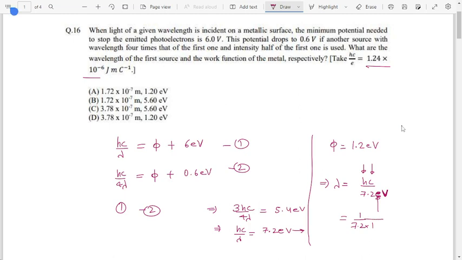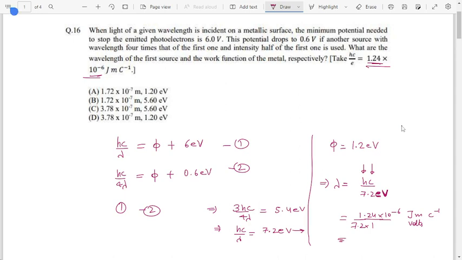So we can say that this is 7.2 into 1 volt, and the volt will go in the units. The SI value of hc by e is given as 1.24 into 10 to the power minus 6, and this unit will be joules meter per coulomb.